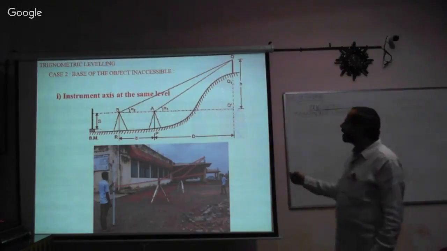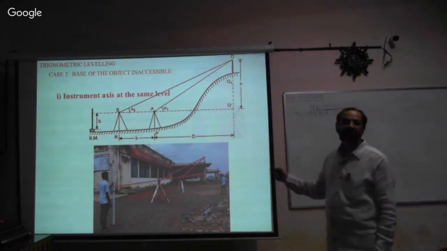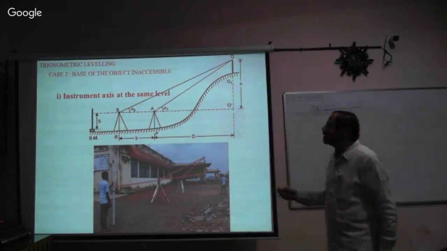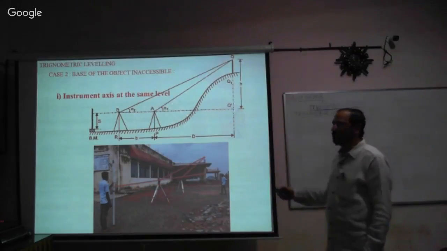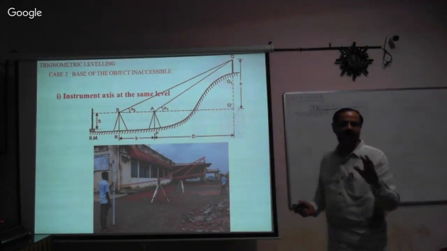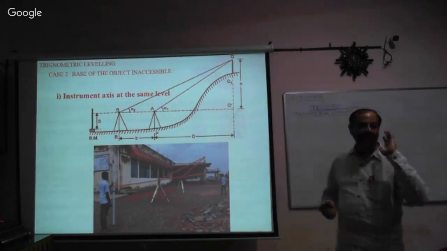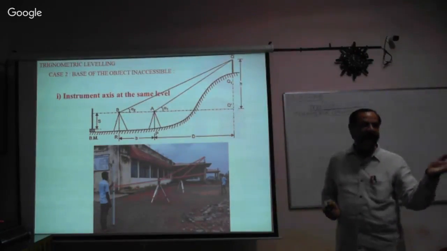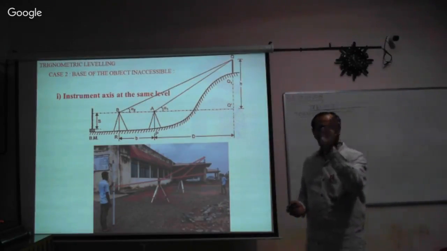Then rotate the telescope and bisect the object Q, where we need to calculate the elevation of the given object. Then measure the vertical angle. Measure the vertical angle by changing the face: with the instrument on the left face, and then changing the face to the right side.